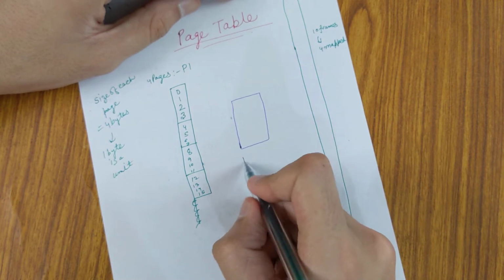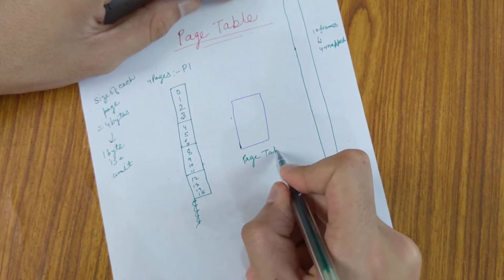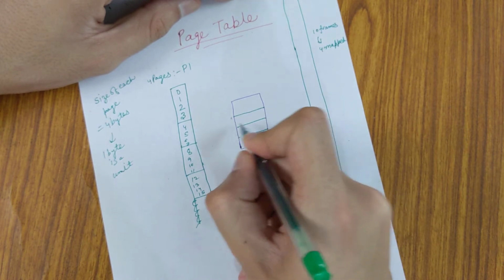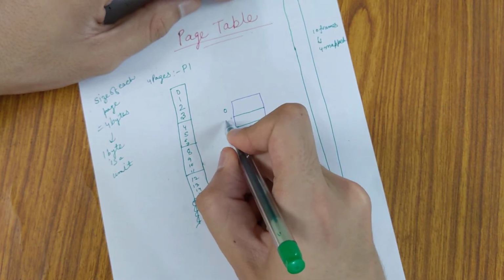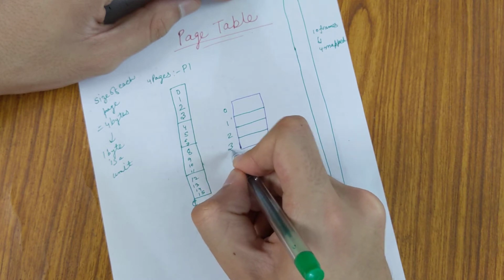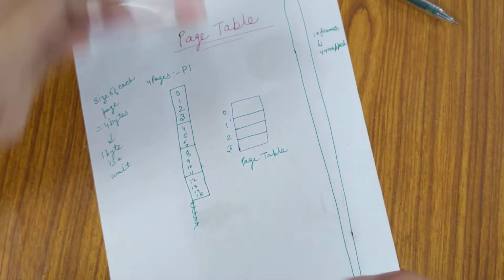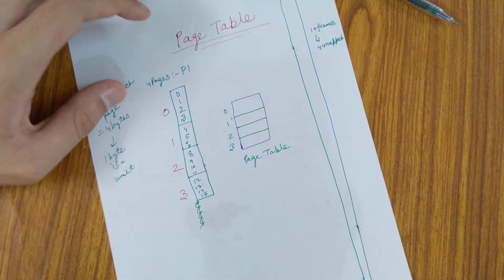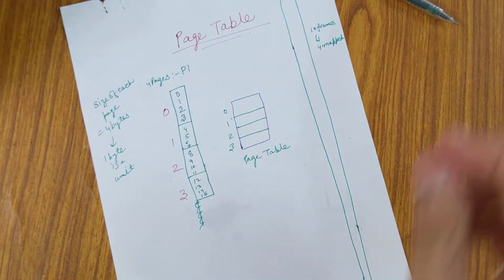This is our page table which does the mapping. It maps 0, 1, 2, 3, where this is the 0th page, this is the first page, this is the second page, and this is the third page.